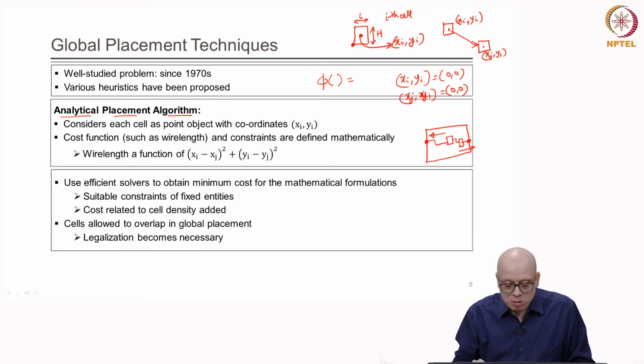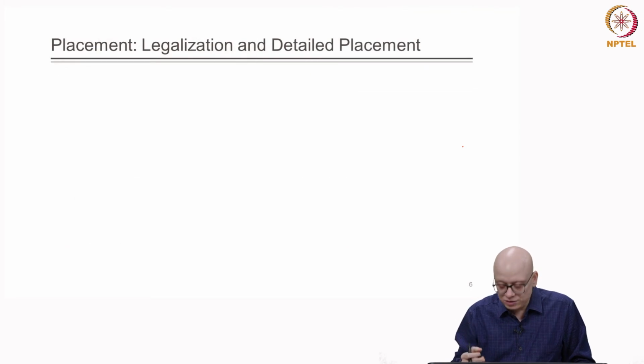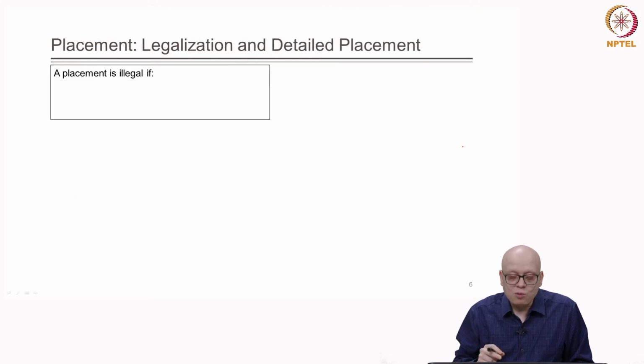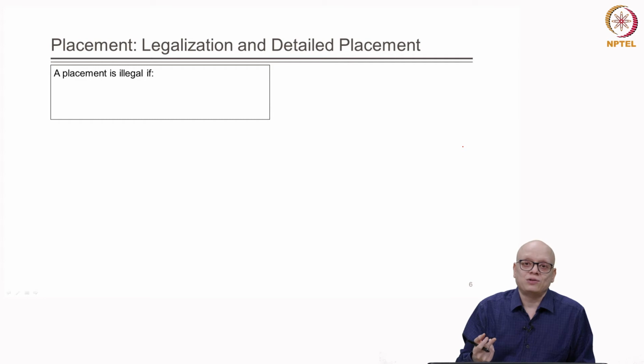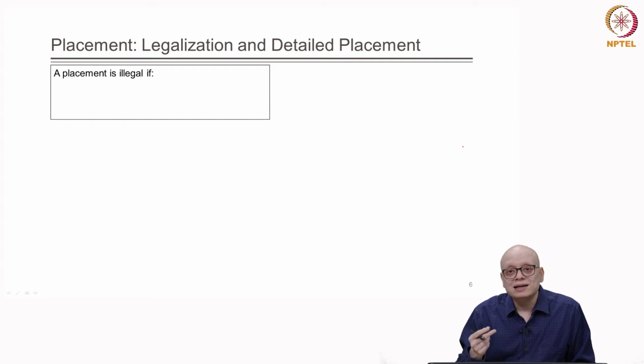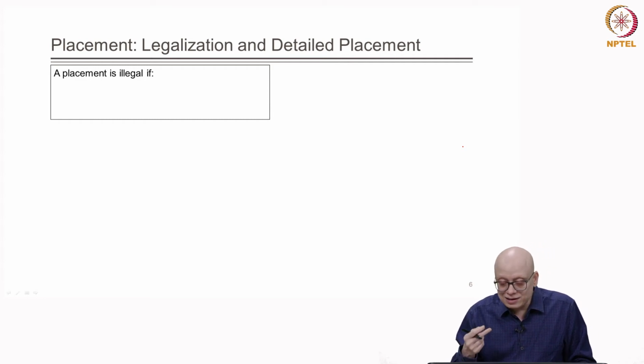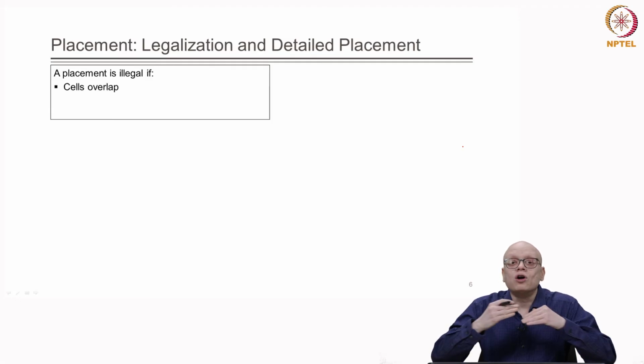So, after global placement we do legalization. Now, what is an illegal location? A placement of a cell is illegal under a few conditions. The first is if there are overlaps.